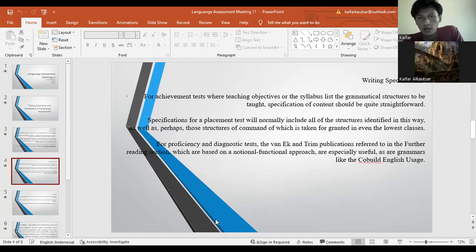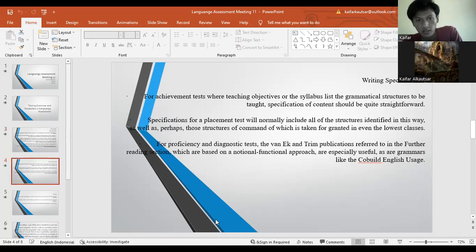Next is writing specifications. For achievement tests, where teaching objectives or the syllabus lists the grammatical structures to be taught, specification of content should be quite straightforward. Specifications for a placement test will normally include all of the structures identified in this way, as well as perhaps those structures whose command is taken for granted in even the lowest classes.